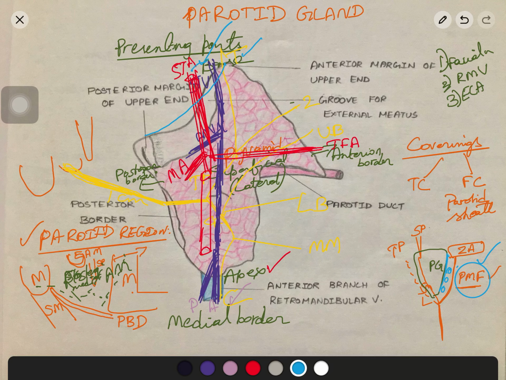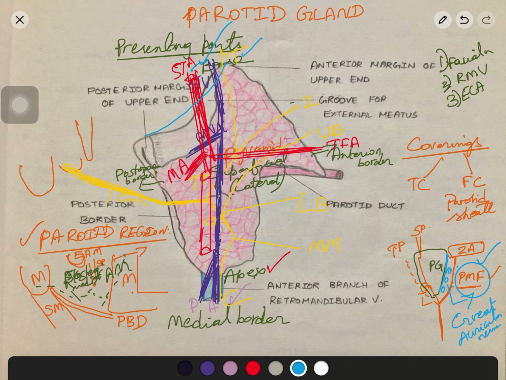That is the nerve which carries the pain of parotid gland swelling. It is one branch of the cervical plexus, which supplies the skin over the angle of the mandible. So that nerve will also be related here, carrying the pain of the parotid gland swelling. So that nerve is the great auricular nerve. That is the relation of the superficial surface.